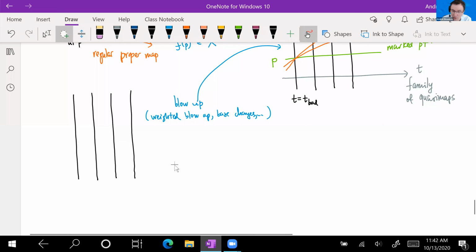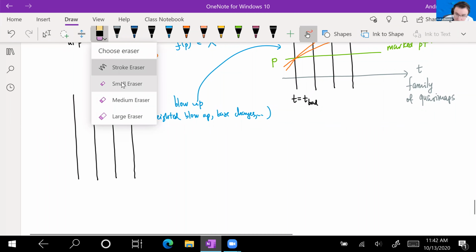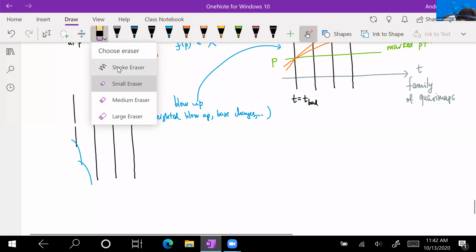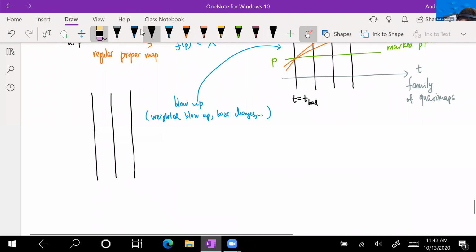We'll have some point we're trying to blow up, and that would look like this. I get new components, the components of the exceptional divisor. I'll draw them straight, but I draw this line differently. This is the t equal t bad fiber.